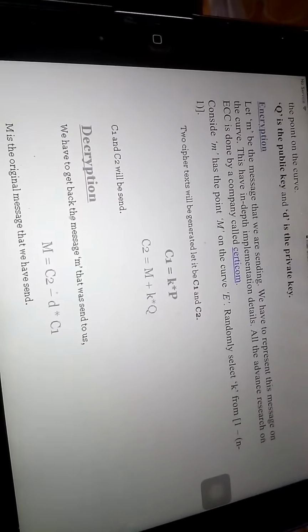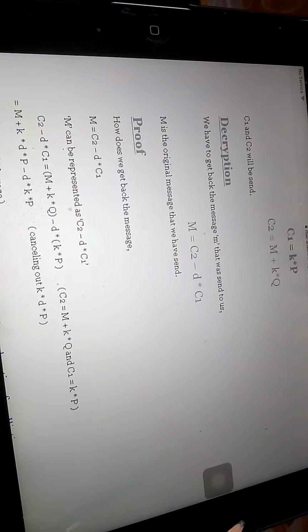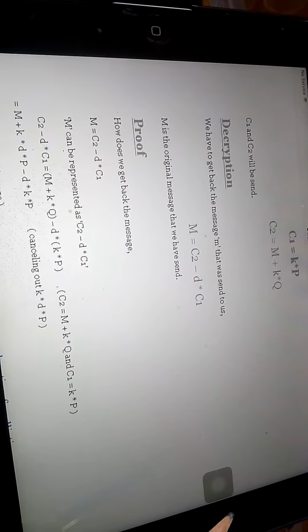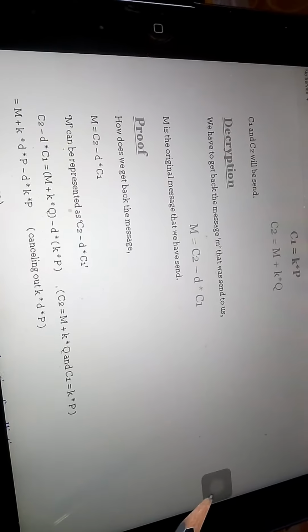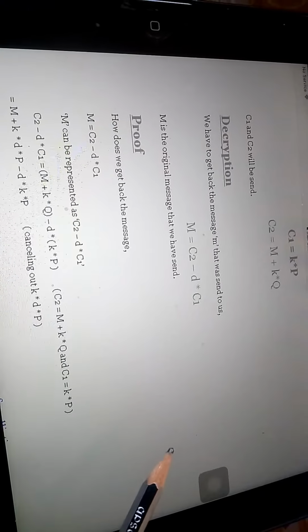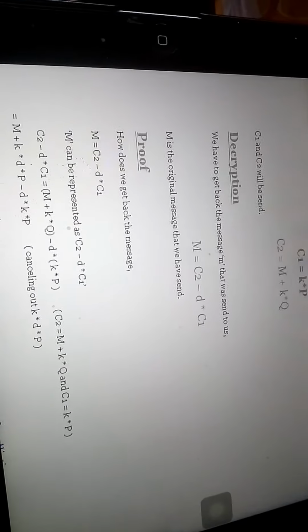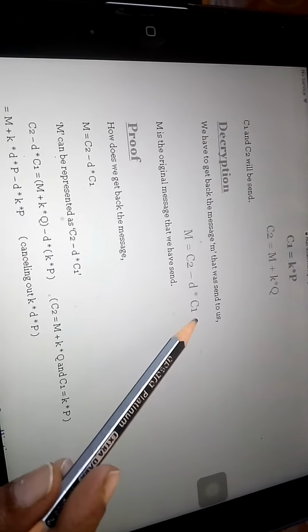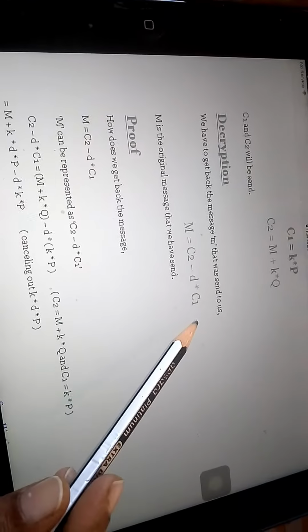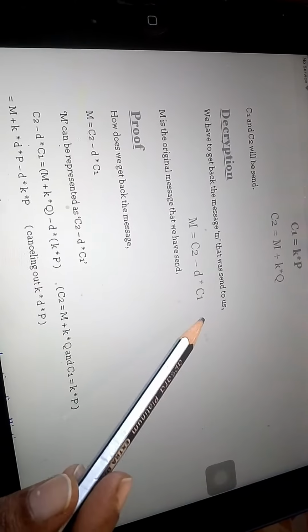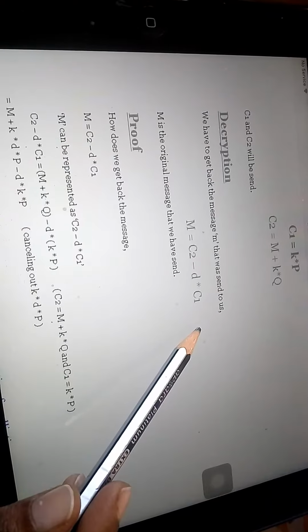At the receiving end the decryption process happens. The receiver needs to get back the original message M which was sent to him. He performs the decryption using the formula M equals C2 minus D into C1.